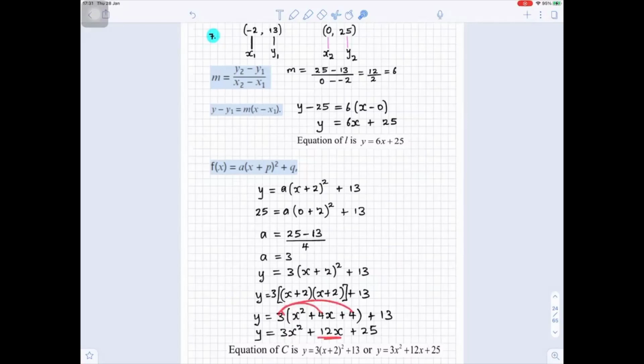And 3 times 4 is 12. 12 plus the 13, it gives you 25. So you can write the equation of the curve C as y equals 3 bracket x plus 2 squared plus 13, or y equals 3x squared plus 12x plus 25.